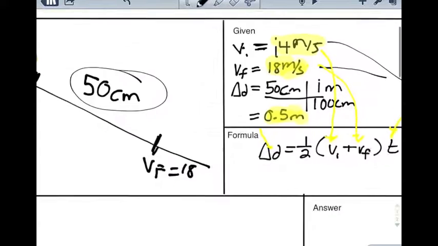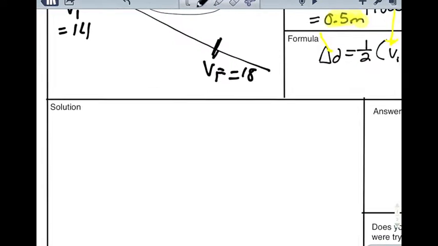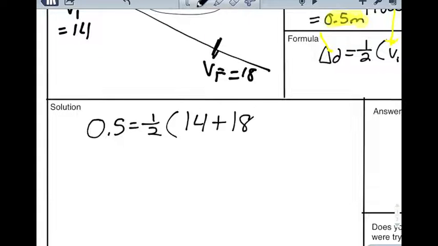So now we can plug in our values. We can say, okay, delta d was 0.5, and it was going to equal 1/2 of the initial velocity, which was 14, plus the final velocity, which was 18, and then times t. So you can break this down step by step. You can add these together because they're in the parentheses, following order of operations.